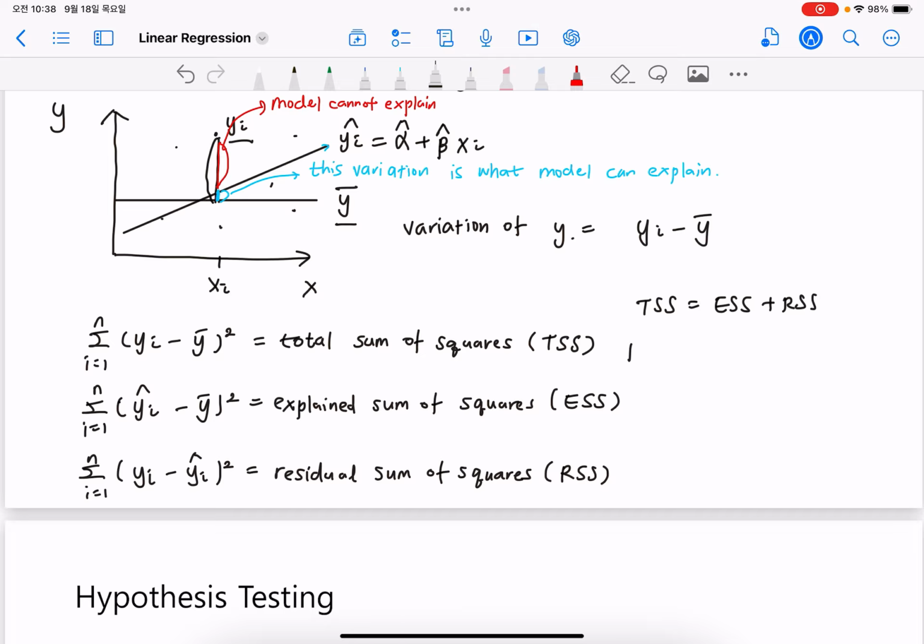And R squared is nothing more than ESS, the explained sum of squares, over the TSS, right?